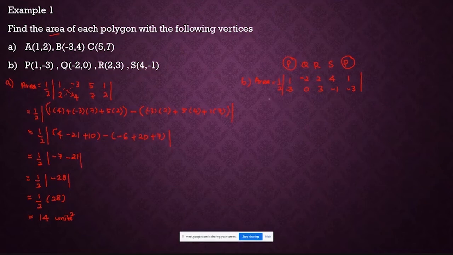Okay, then it's equal to 1 over 2 modulus 1 times 0 plus negative 2 times 3 plus 2 times negative 1 plus 4 times negative 3.